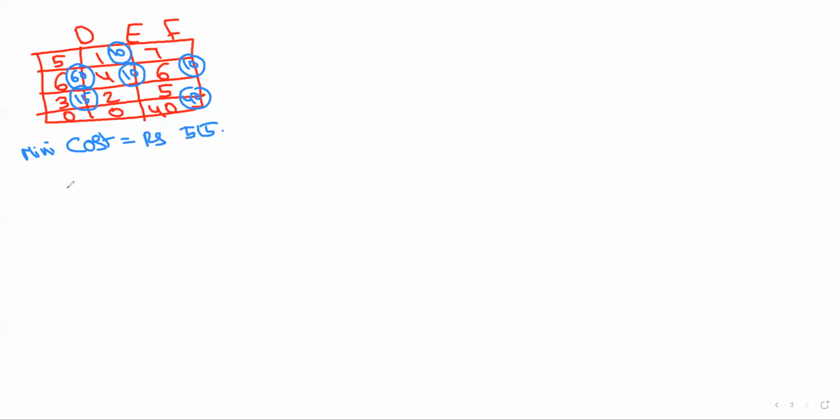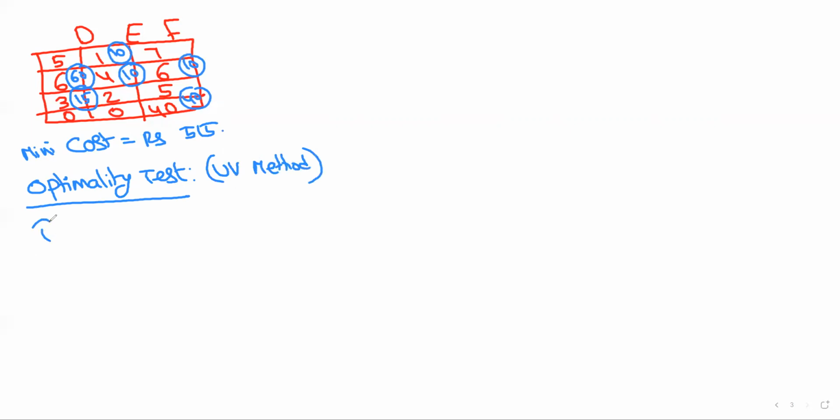Now we have to check whether this amount is the minimum amount or not by the optimality test. Keep the heading optimality test, using the UV method or MODI method.